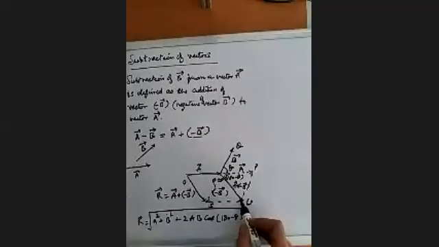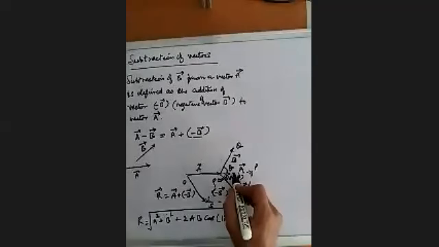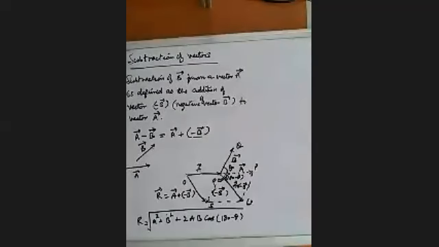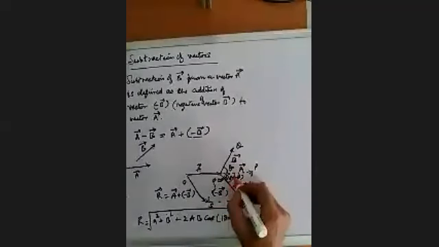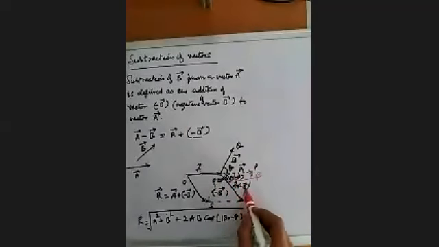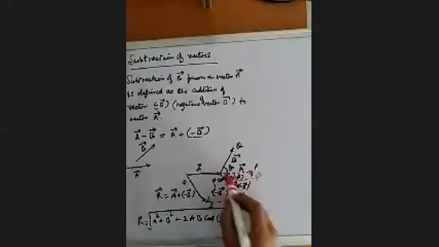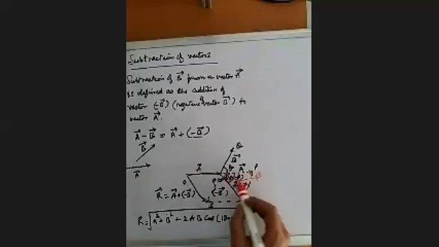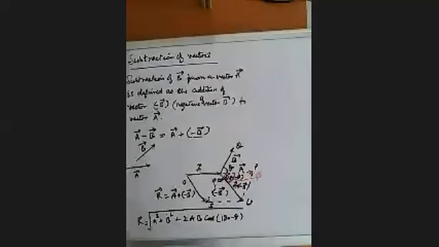Now to get the direction of the resultant. Suppose beta, let us say this angle, I'm going to use this red pen, this angle is beta, which is the angle which the resultant, that is A vector minus B vector, makes with the A vector. So what will be tan beta now?